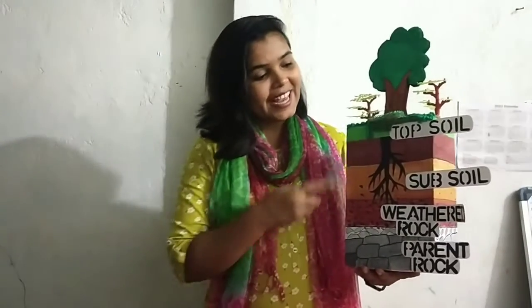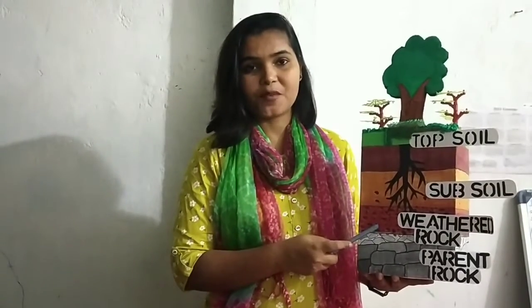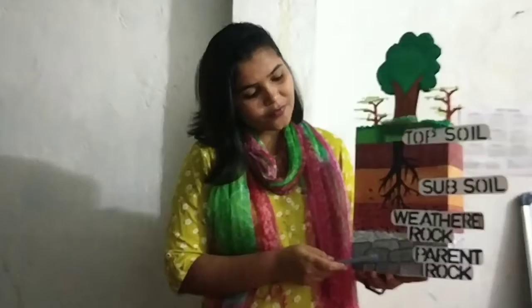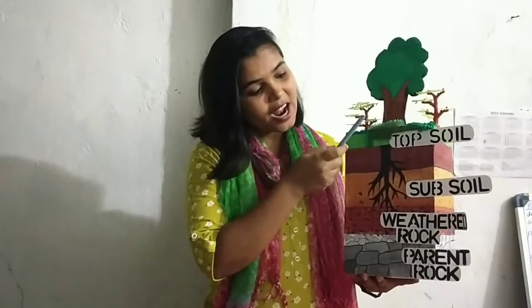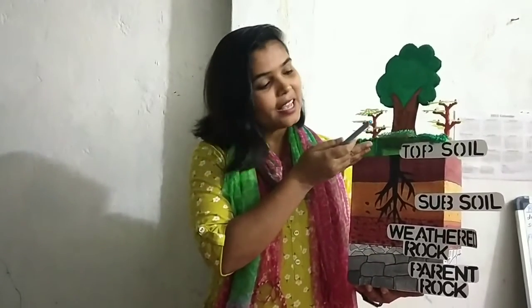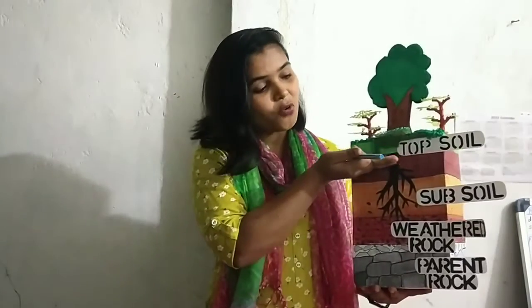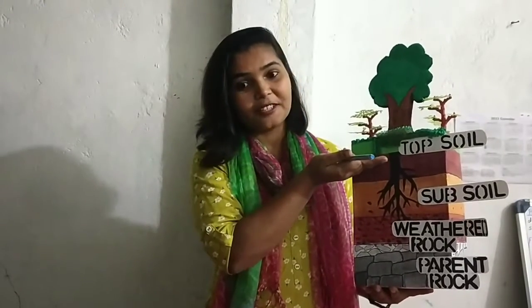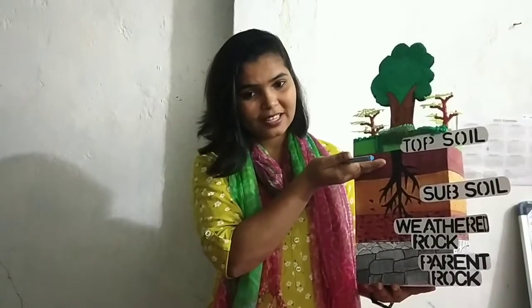So as we see, there are 4 layers of the soil, right? As we go higher and higher, the soil starts becoming finer and finer. The topmost layer is the finest and the most fertile layer of the soil.